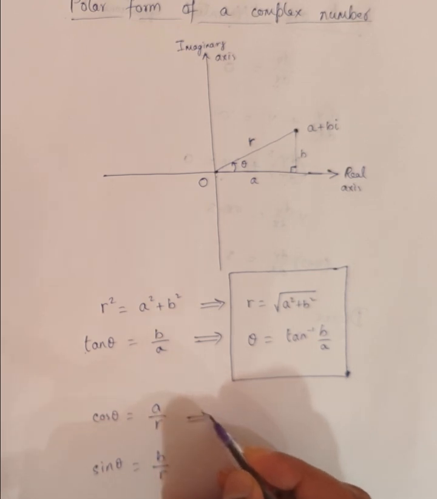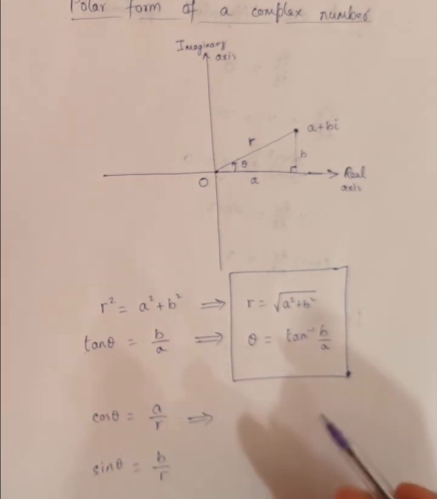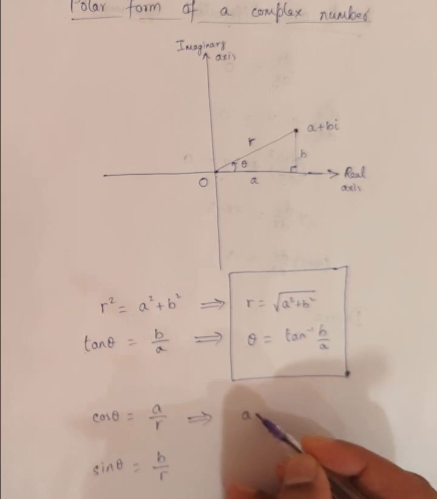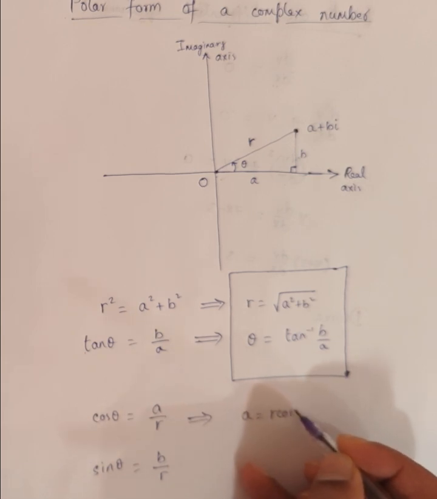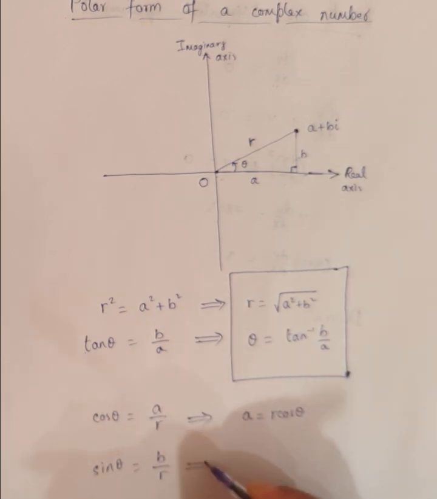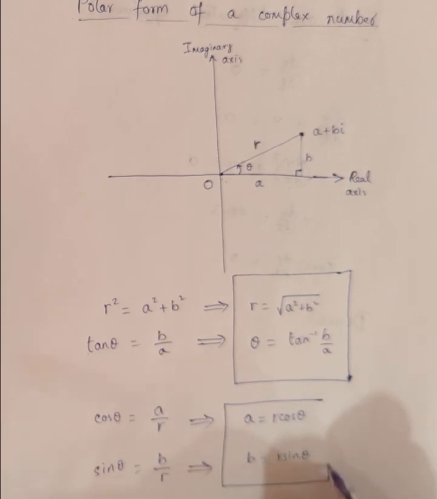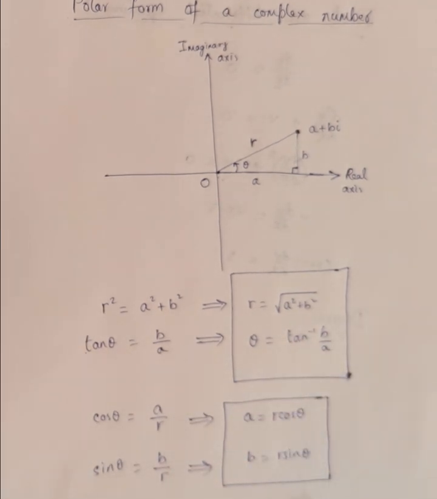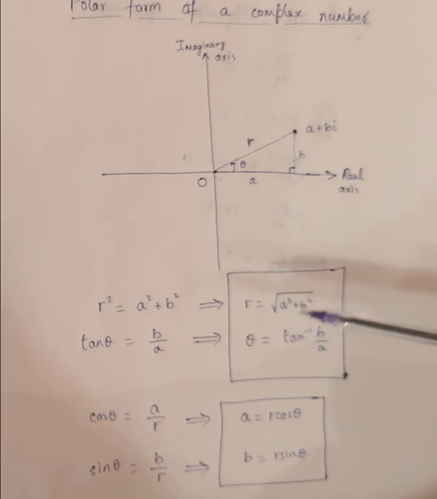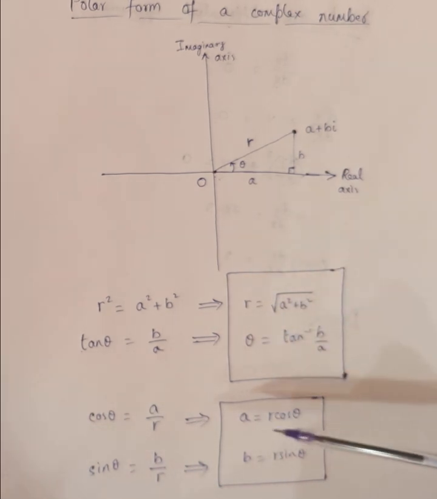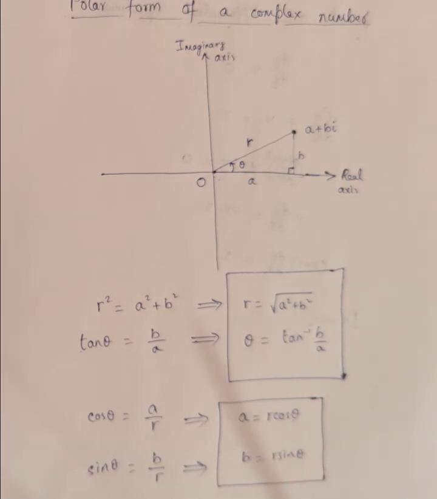So now, to get a and b, I can multiply both sides by r. So a is r cos theta and b is r sin theta. So this is how I can go from polar to rectangular coordinates. From rectangular to polar and polar to rectangular.